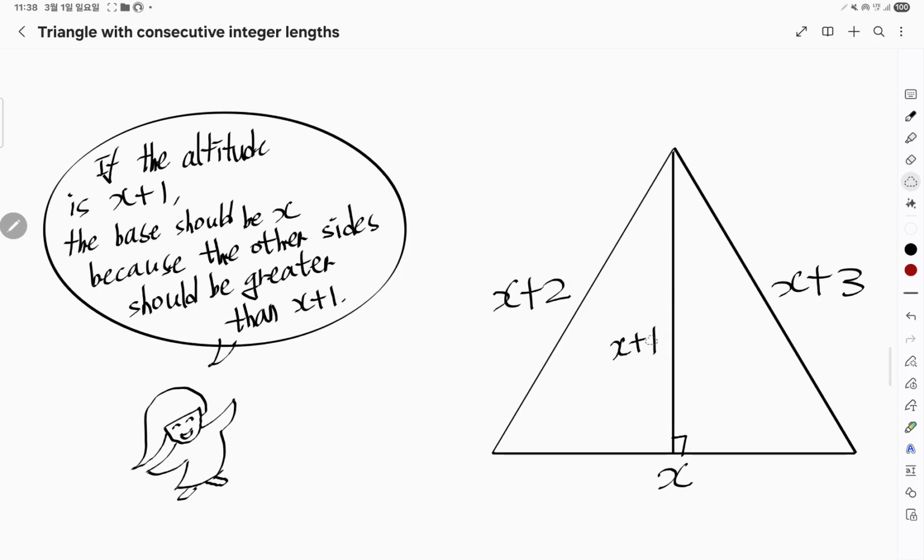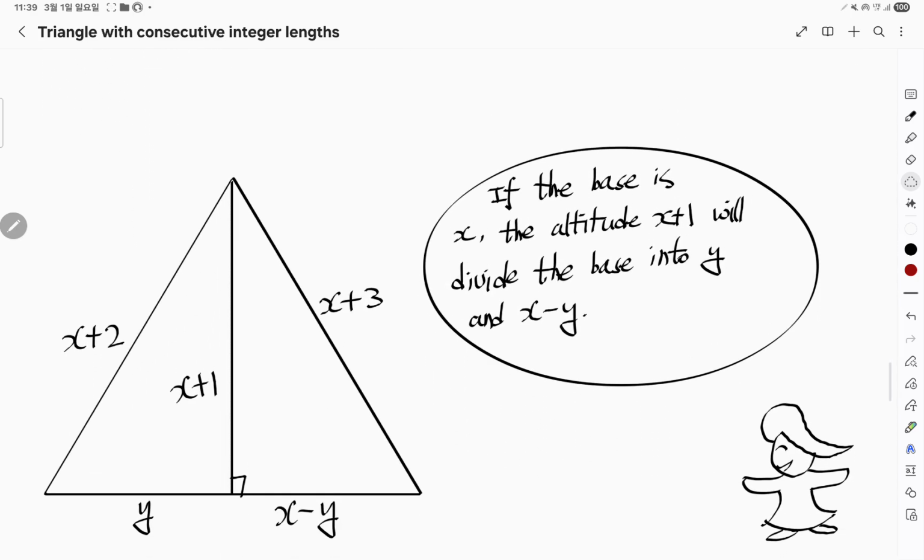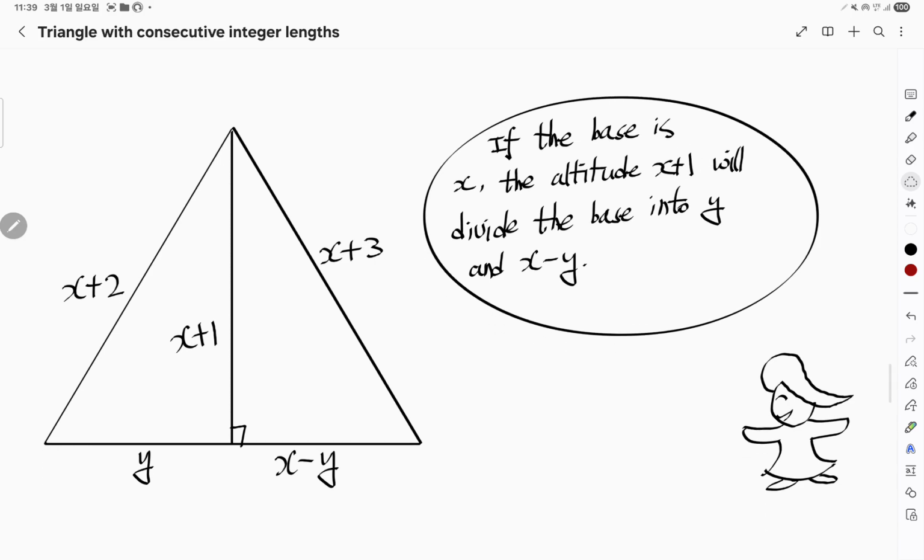If the altitude is x plus 1, the base should be x, because the other sides should be greater than x plus 1. If the base is x, the altitude x plus 1 will divide the base into y and x minus y.